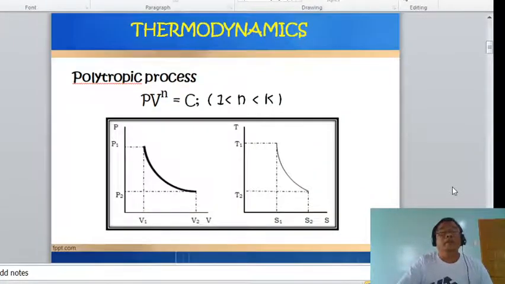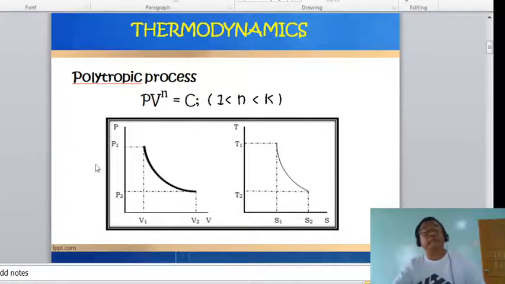So here is the polytropic process diagram. The TS diagram for isentropic is a straight line, since S is constant.